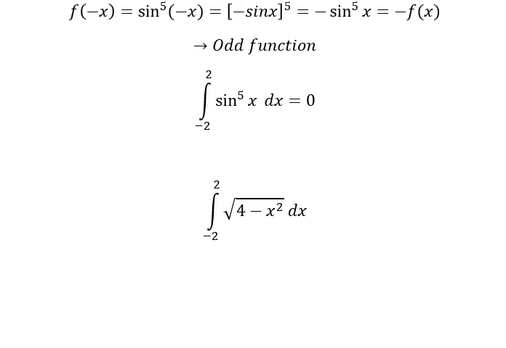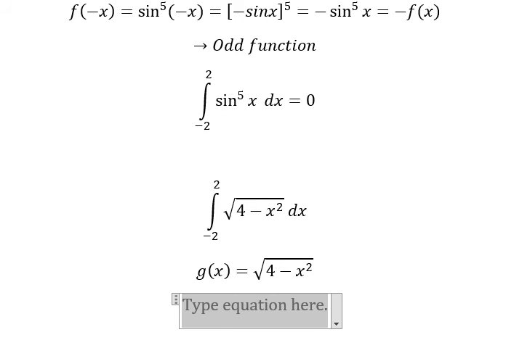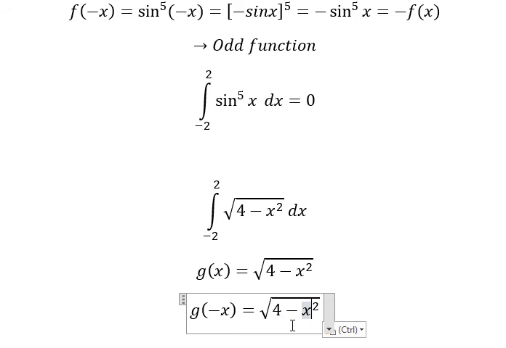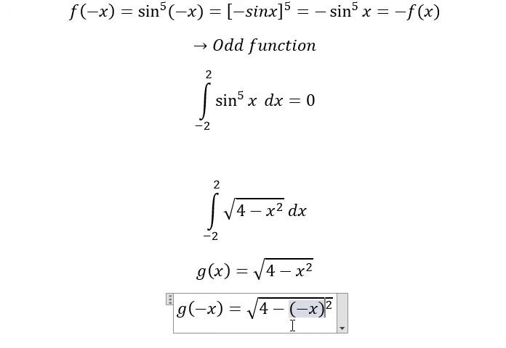So we do the same, and I will put g of s equal to this one. So if I put negative s in here, you will get the square root of 4 minus negative s. Because this is an even number, so with an even power, you get a positive number.